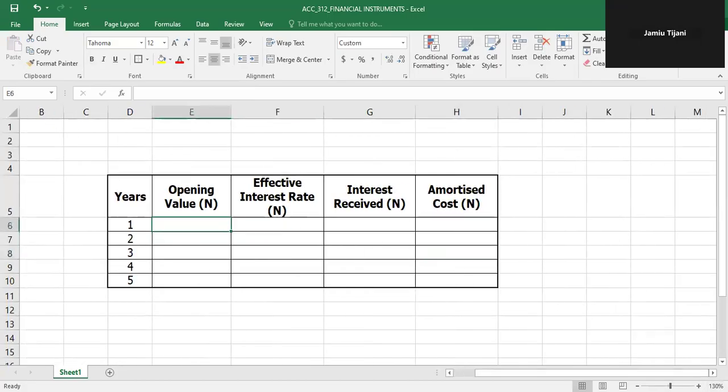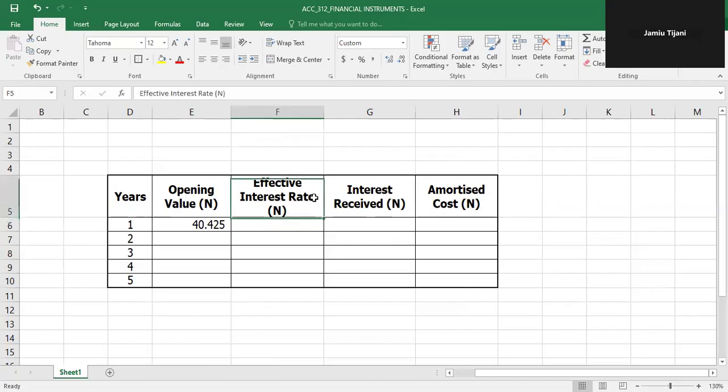And so here, what do we have in year 1? That's the purchase price, 40.425 million. What is our effective interest rate?